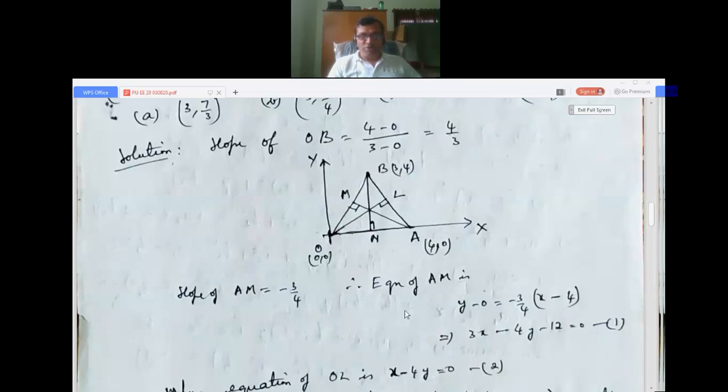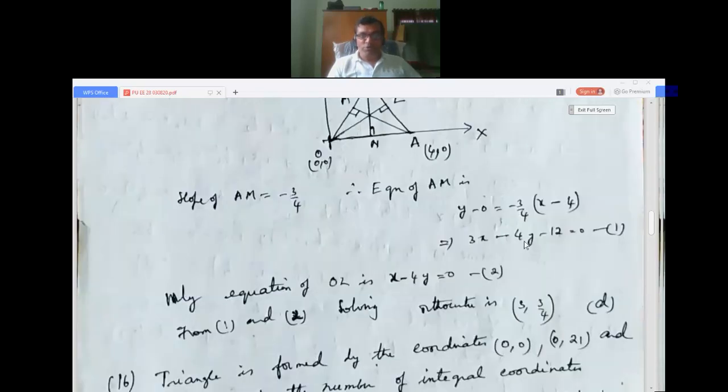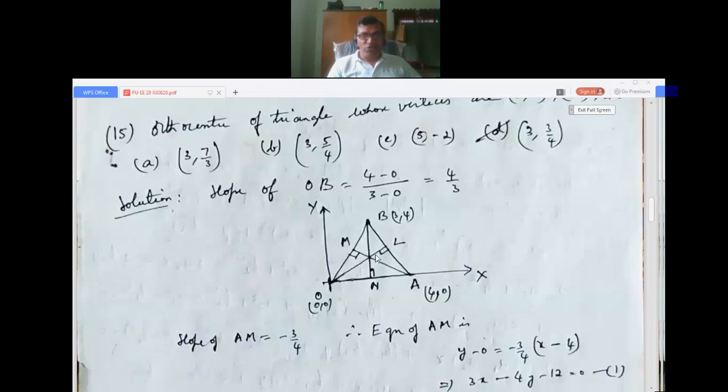y minus y1, because it passes through 4, 0, that is y minus 0 equals the slope minus 3 by 4 into x minus 4. So this will be 3x plus 4y minus 12 equals 0. Similarly, the equation of OL will be found the same way.